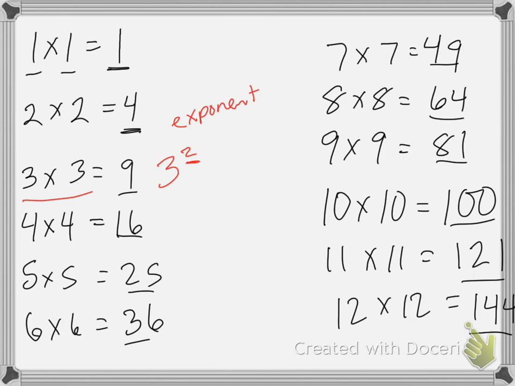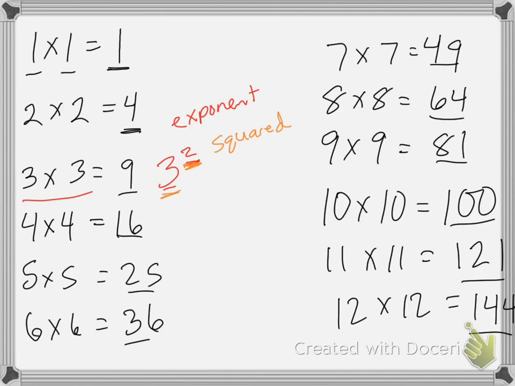An exponent tells you how many times a number is multiplied by itself. So I can read this as 3 squared equals 9, or I can say 3 to the second power. We usually read the exponent 2 as saying squared.